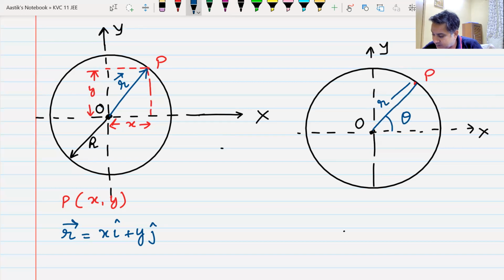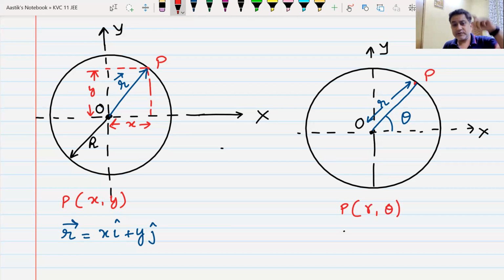You already know that the distance of this particle from the origin is r. So instead of x and y coordinates, I can say the position of this particle can be given by r and theta, where r is the radius or the distance from the center, and theta is the angle that it makes with the positive direction of the x-axis. I can do that, yes or no?